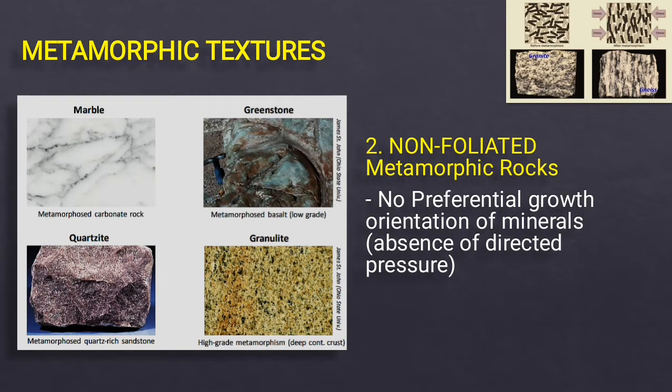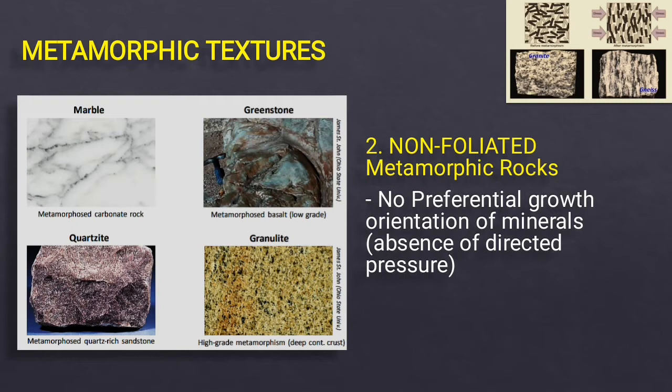So in foliated rocks, from shale, we have slate, phyllite, schist, and gneiss. From basalt, we have greenschist and amphibolite. From basalt again, we have blueschist, and then eclogite.